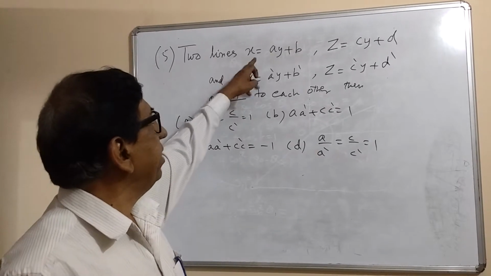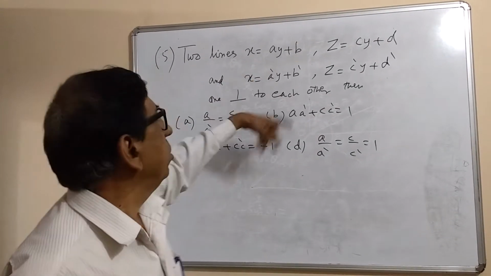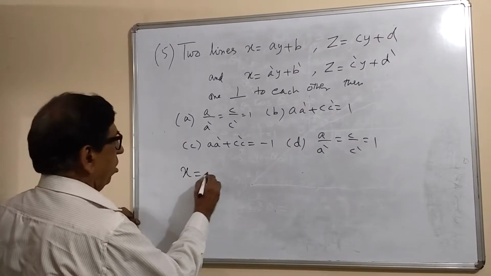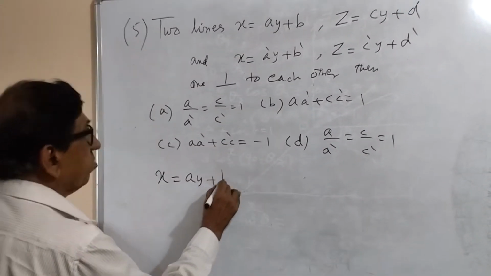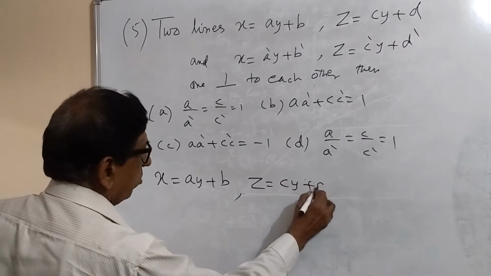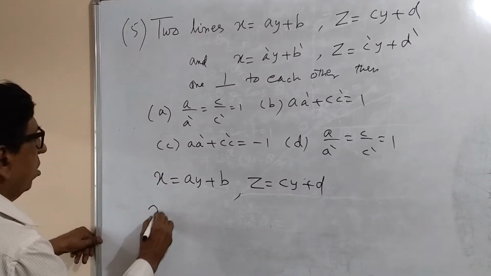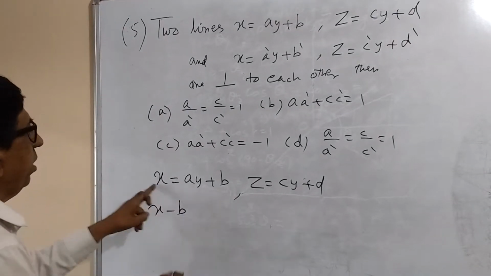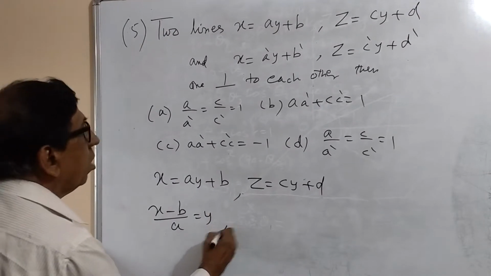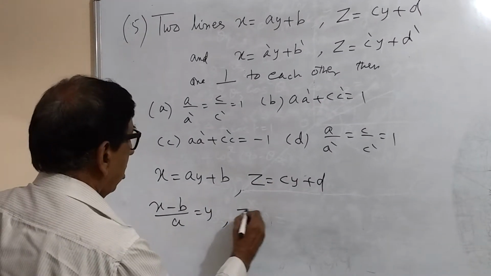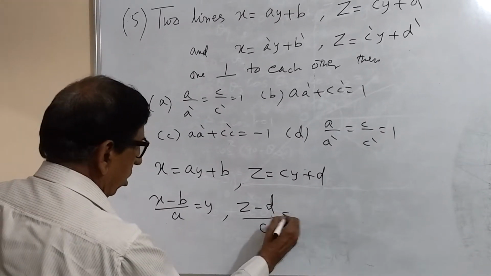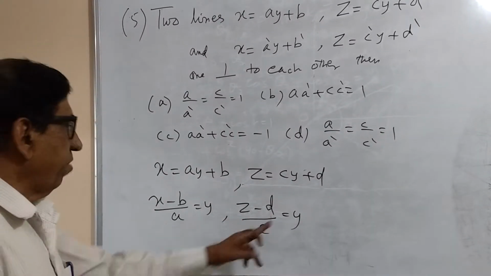Now first we write the equation in symmetric form. Take the first equation. x equal to ay plus b, z equal to cy plus d. That is, x minus b upon a equal to y, z minus d upon c equal to y. Both are y.